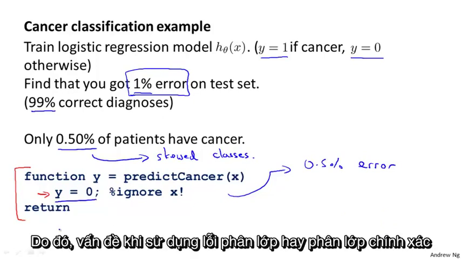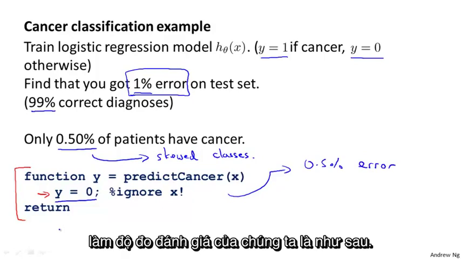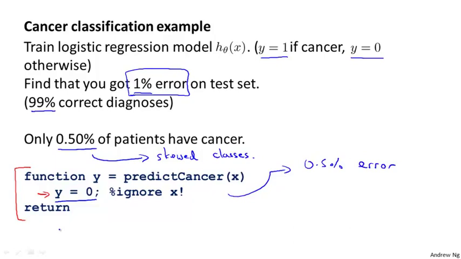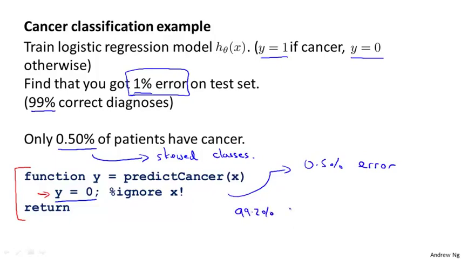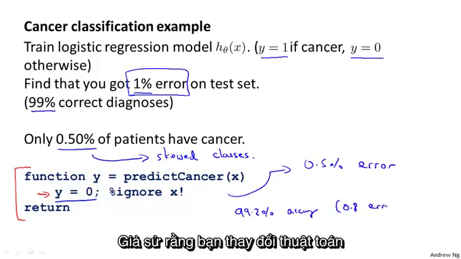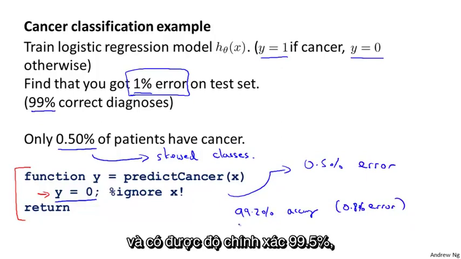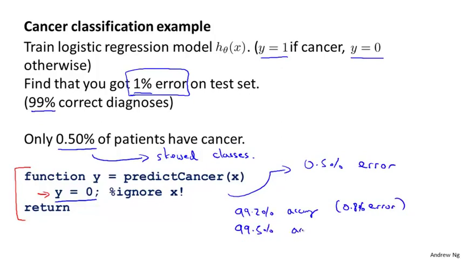So the problem with using classification error or classification accuracy as our evaluation metric is the following. Let's say you have one learning algorithm that's getting 99.2% accuracy. So that's a 0.8% error. Let's say you make a change to your algorithm and you now are getting 99.5% accuracy, that is 0.5% error.